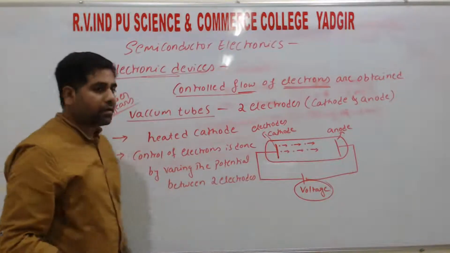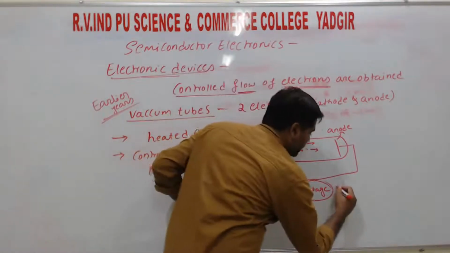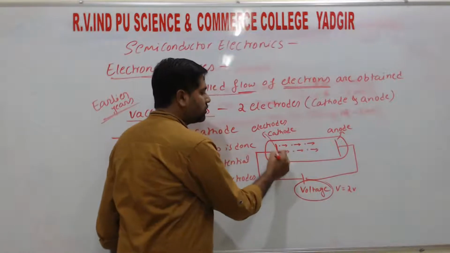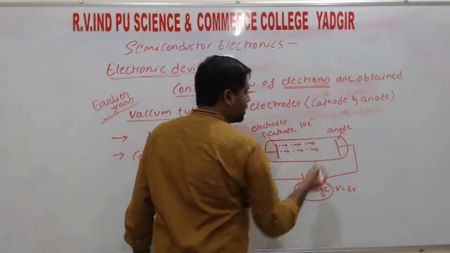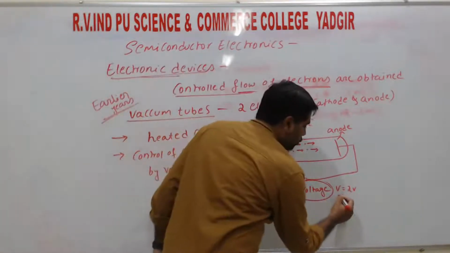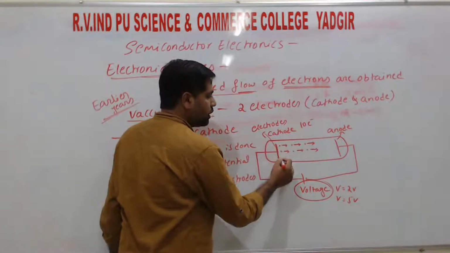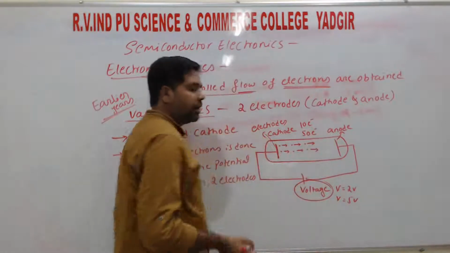That means if we vary this potential, for example initially we apply 2 volts, then for example 10 electrons are emitted from the cathode. Now if we vary this voltage to 5 volts, the number of electrons increases, say 50 electrons are emitted.